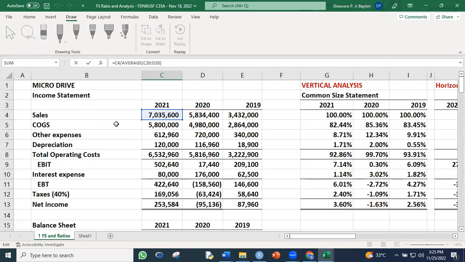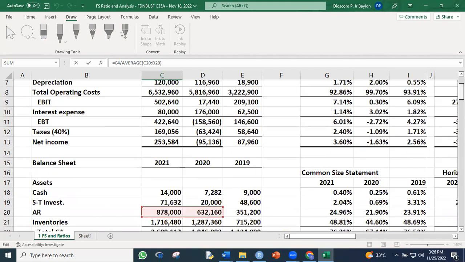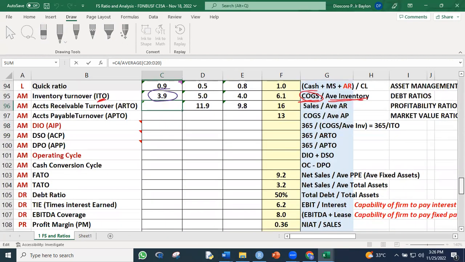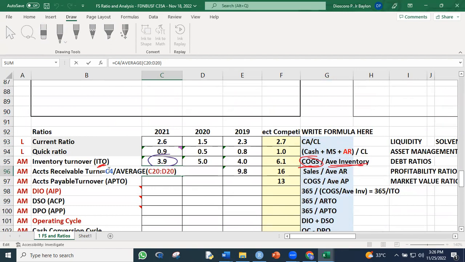This is your sales. Sales divided by the average receivables here, row 20. Let me flash the formula again: C4 divided by the average of C20, D20. And then just copy the formula to the right.